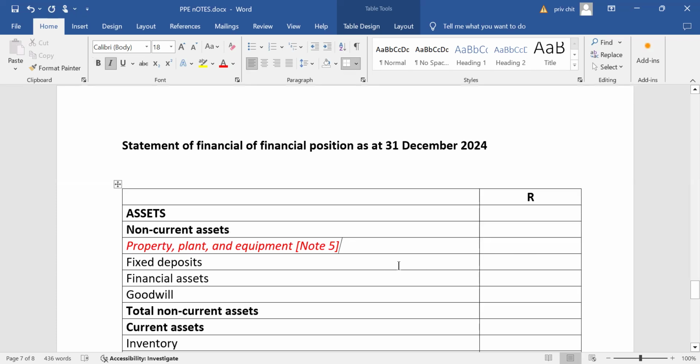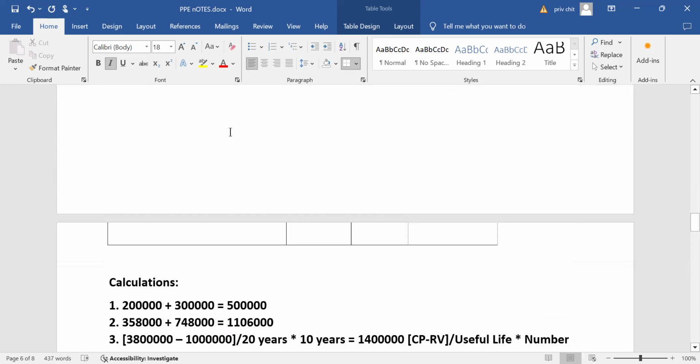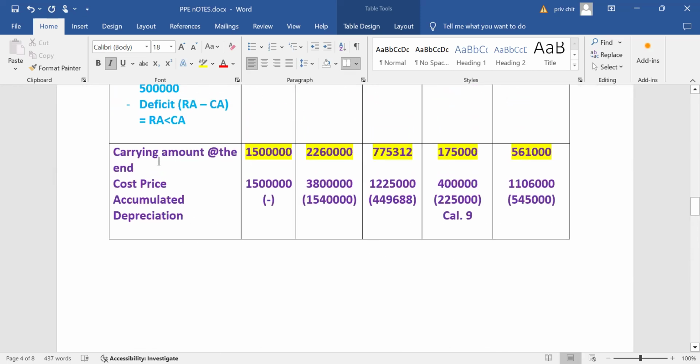But which amount is it? To make it easy, I'm going to cross-reference and put A next to that value so that you know what line item to use. You see this carrying amount at the end. Since I've already cross-referenced it as A, I'm just going to put A over there so that you guys can see the connection.